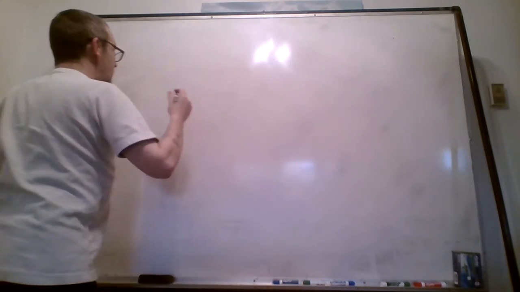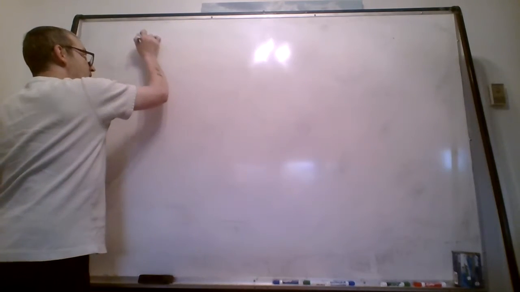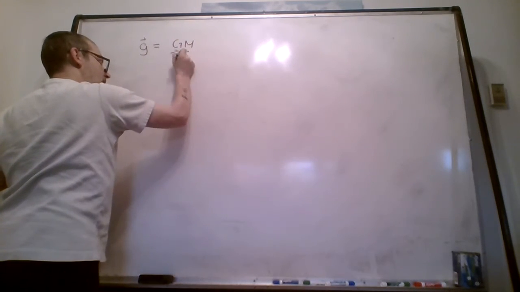Here's our newly obtained formula for little g, this variable quantity. It's big G m over r squared.